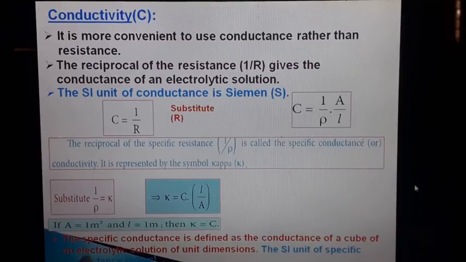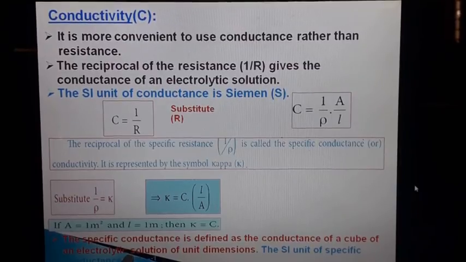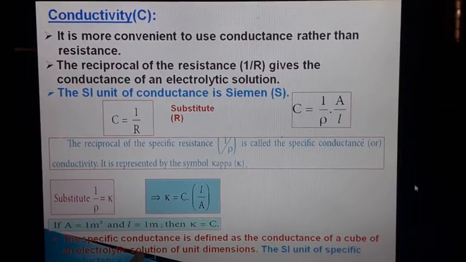The SI unit of conductivity is S m power minus 1. Kappa unit, S m power minus 1.